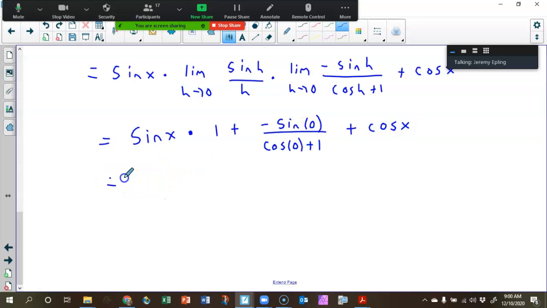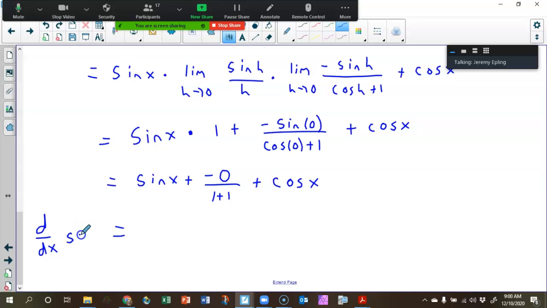Well, the sine of 0 is 0. The cosine of 0 is 1. And I've got 0 divided by 2, which is just 0. So I've got sine of x times 0, which is 0. And I now have the derivative of sine of x is equal to cosine of x.